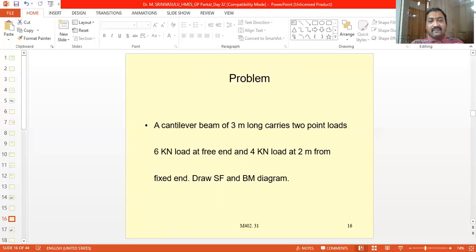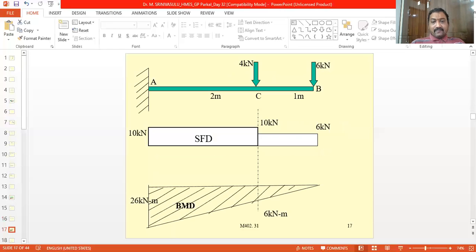That is the zero line for the bending moment, and if the bending moment value is positive, we can show it over that line, that is above the zero line. And if the bending moment value is negative, then we have to show that value below that zero line. So like that we have to proceed, and we'll proceed like this for this problem.